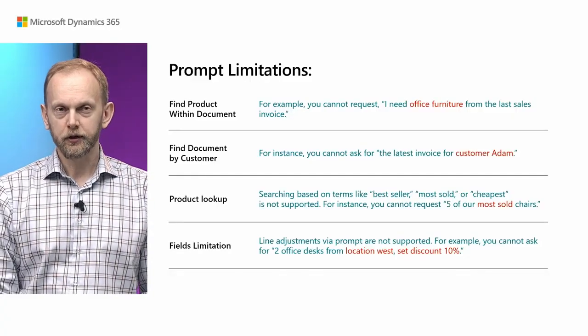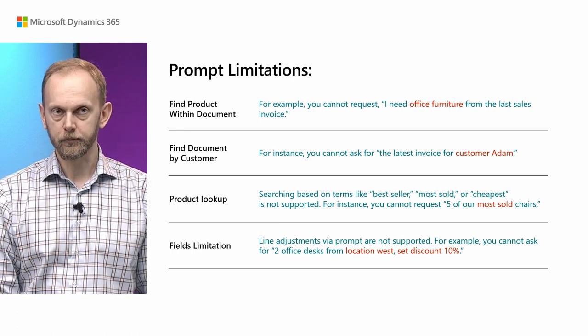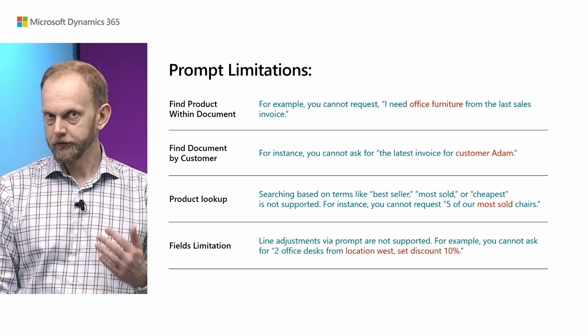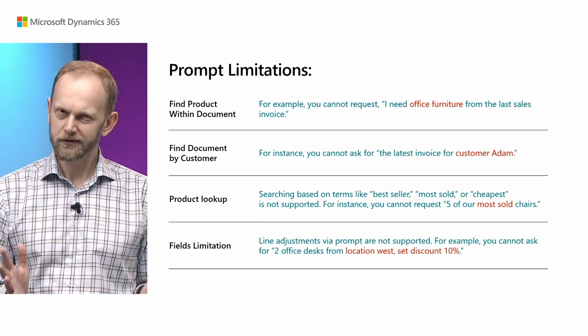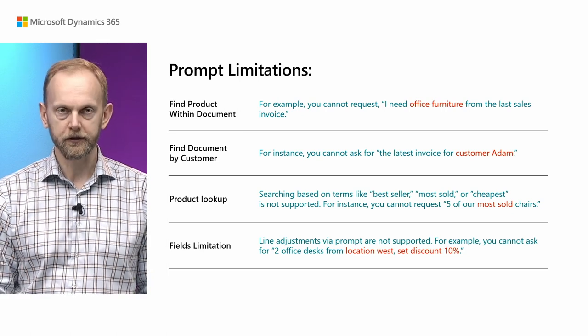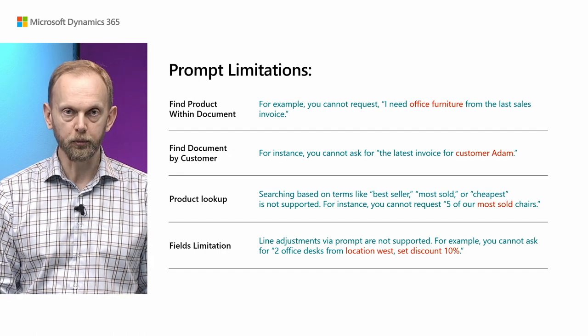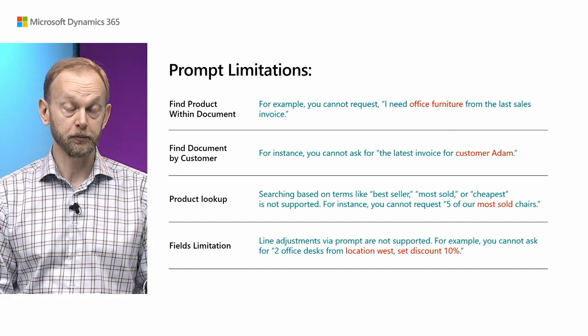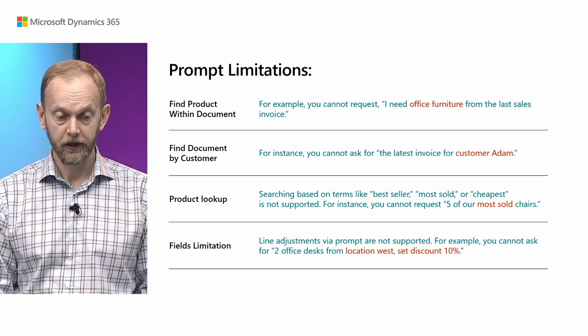You might also try to combine or produce some prompts, and they might not be supported. For example, if you want to use both product search and document search, that is not implemented. So, for example, you cannot ask Copilot to return only a specific group of products from the posted sales invoice. You will receive all lines of type item.